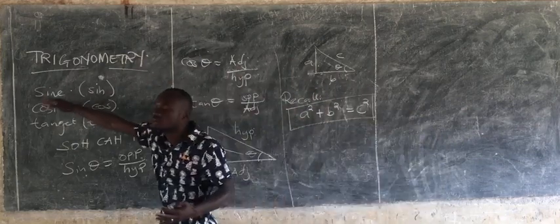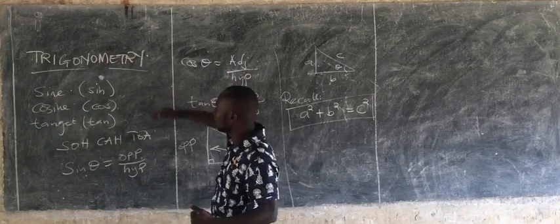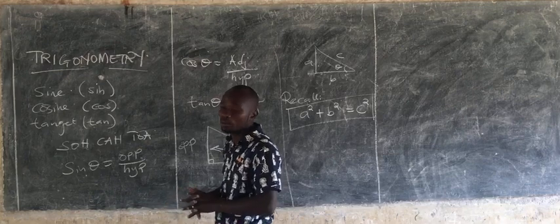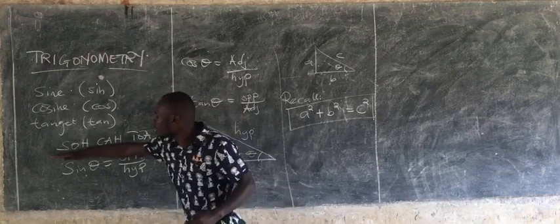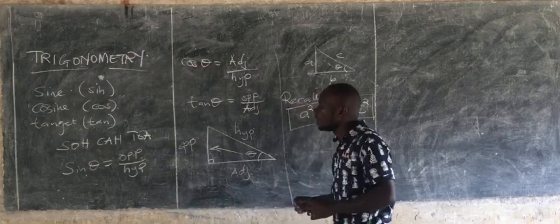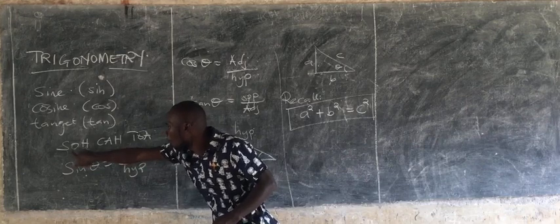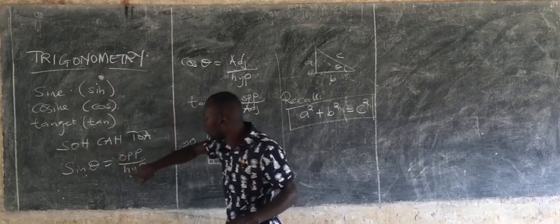We can come to the trigonometric ratios. These will be sine, cosine, and tangent. Understanding that they can come out of our simple formula, which can be analyzed as SOHCAHTOA. And in SOHCAHTOA, we can see that the sine of an angle theta is given as opposite out of the hypotenuse.